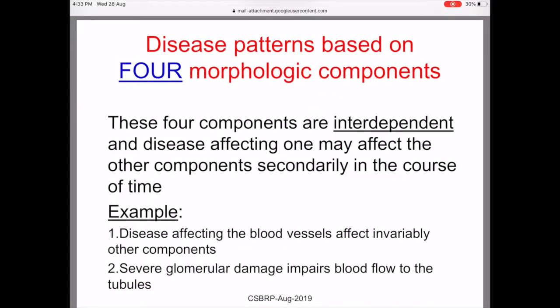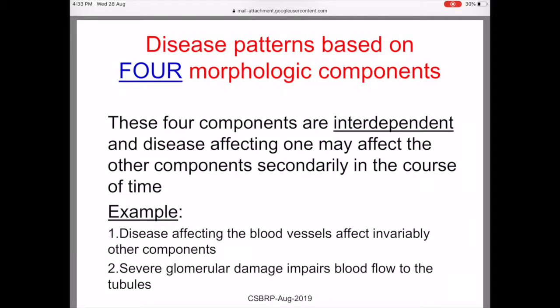Though diseases affecting the four components may differ in their clinical presentation and therapeutic options, they are interdependent, and disease affecting one may affect the other component secondarily. For example, disease of the blood vessels may invariably affect other components by means of ischemia.